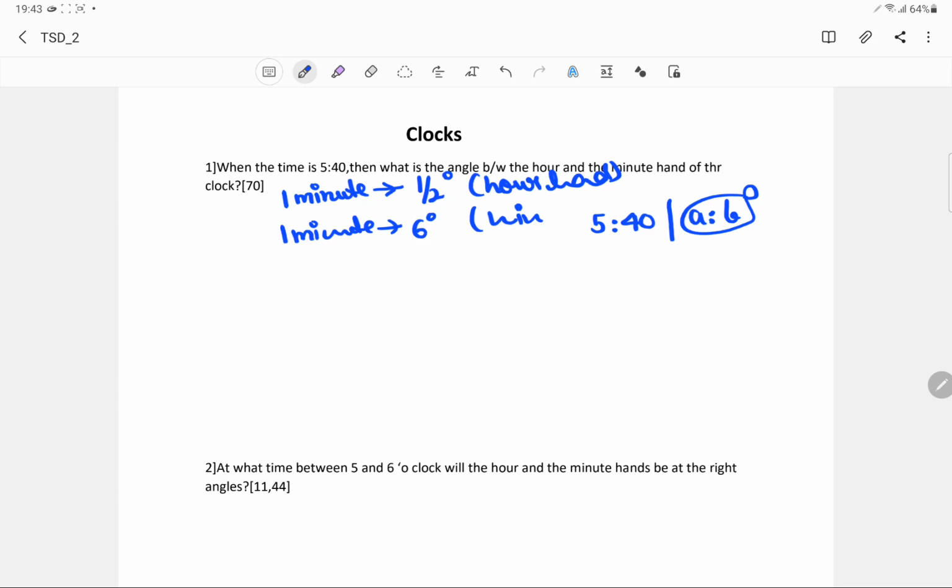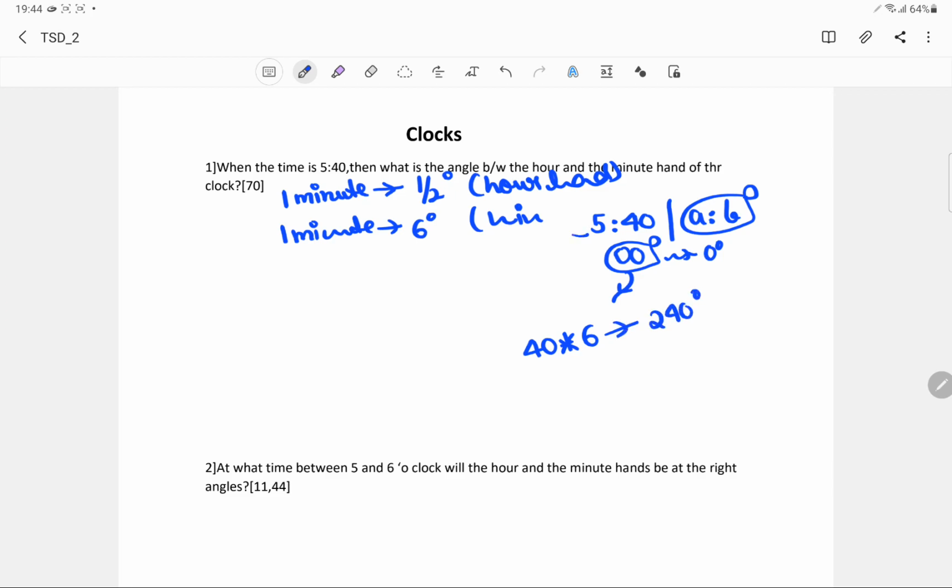See, the moment it is 0 0 over here, it is at 12, and with reference to 12, the minute hand is making a 0 degree angle. So after 40 minutes, what will be the amount of degrees that the minute hand will cover? This would be nothing but 40 into 6, that is 240 degrees.